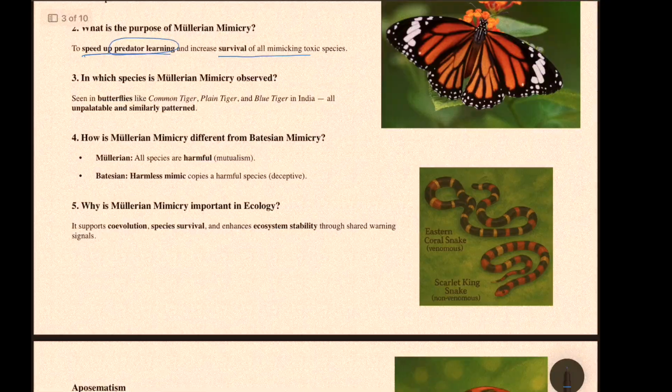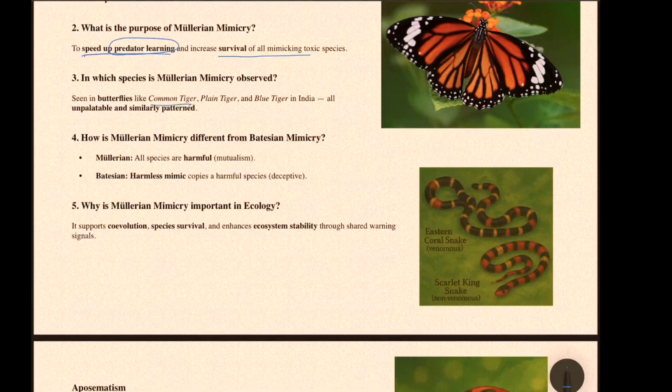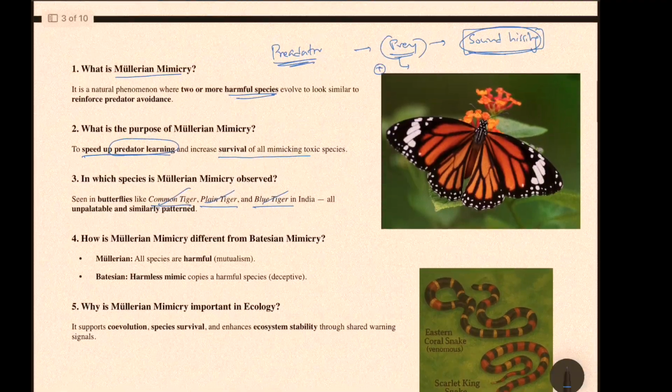Coming to the species where it is observed, it is commonly observed in butterflies, especially in India. The butterfly species common tiger, plain tiger, and blue tiger all mostly show the same color patterns seen here.